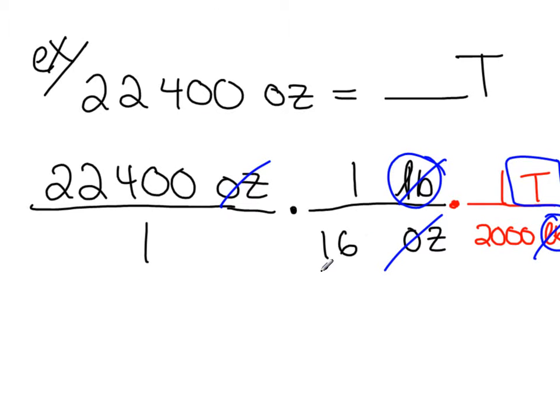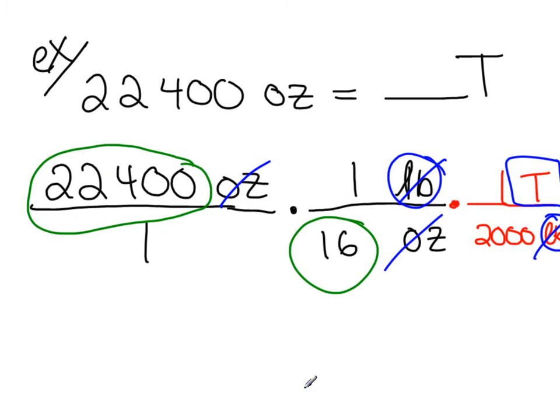Now remember, if things are in the denominator, you're dividing. Denominator starts with a D, dividing starts with a D, remember that. Numerator, you're just multiplying. So we're multiplying 22,400 by a bunch of 1s, so that's the same. I'm just going to go ahead and start off slow. I'm going to take 16 and divide it into this lovely number.